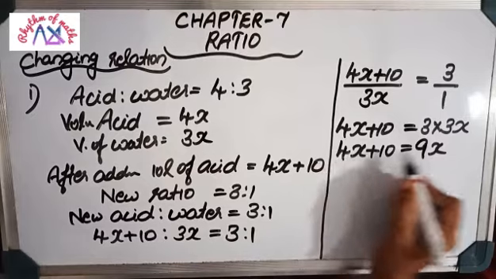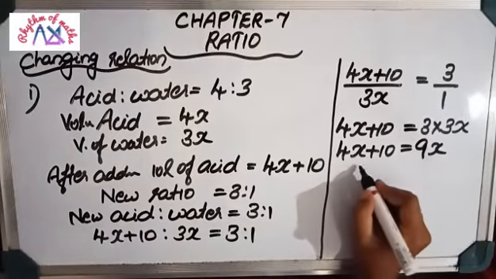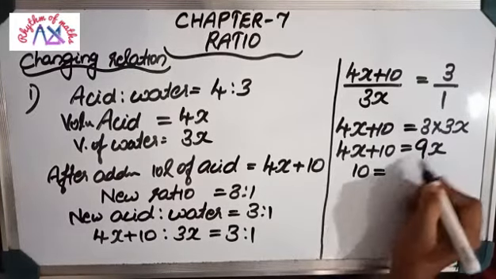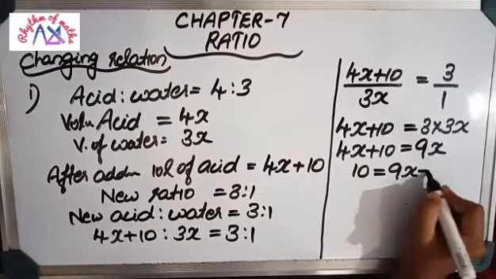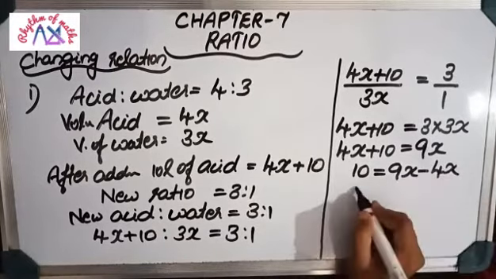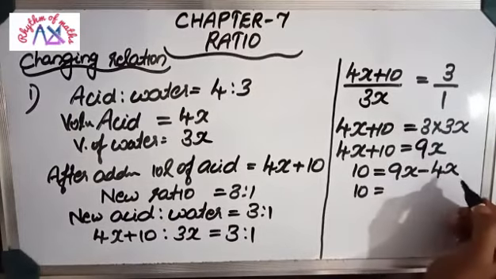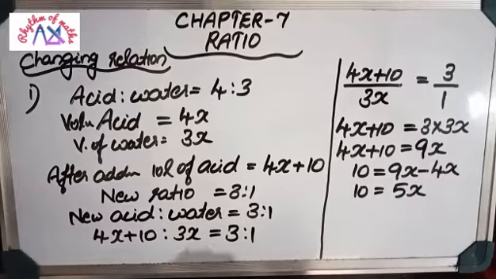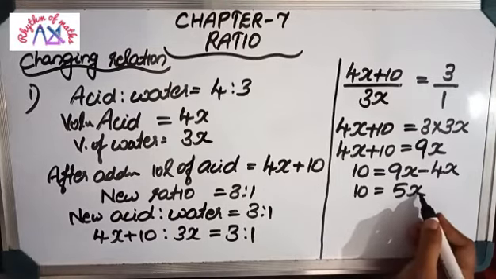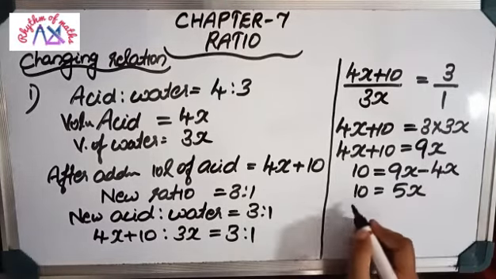Now take this 4x to this side, so the remaining is 10. 10 equal to 9x, and plus 4x coming to this side becomes minus 4x. So 10 equal to 9x minus 4x. 9 minus 4 is 5, so 5x.